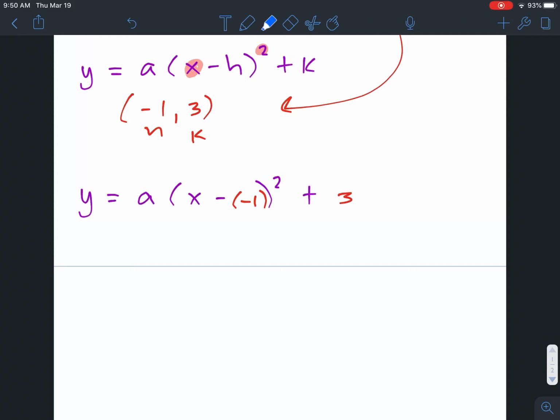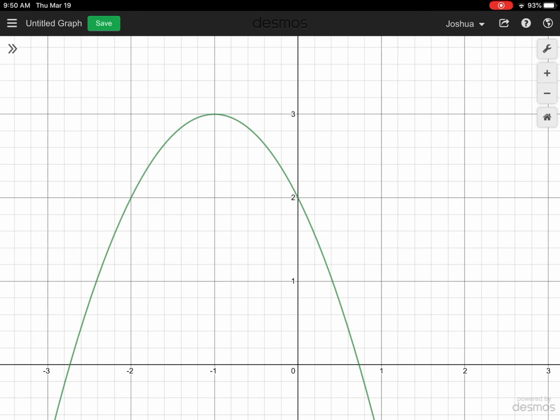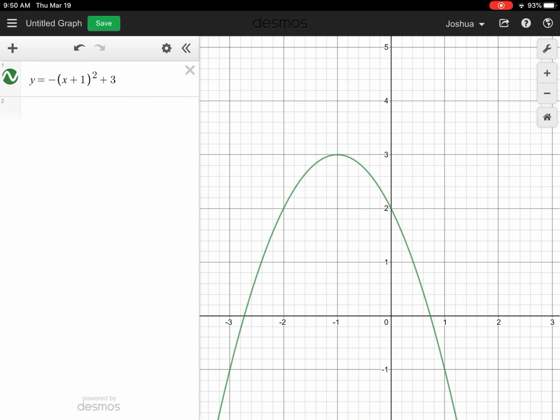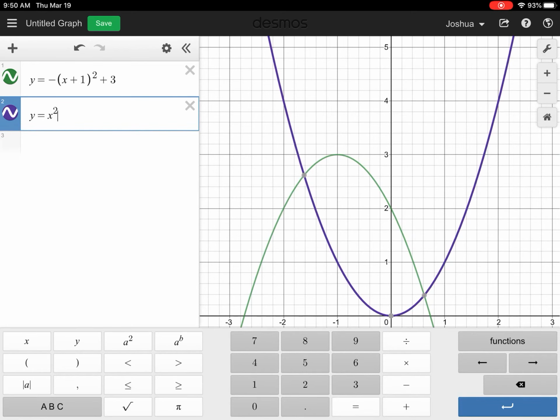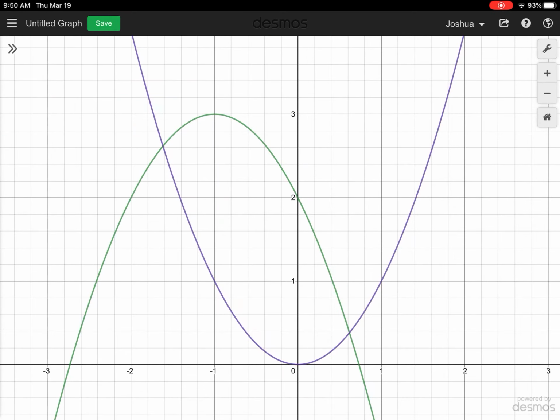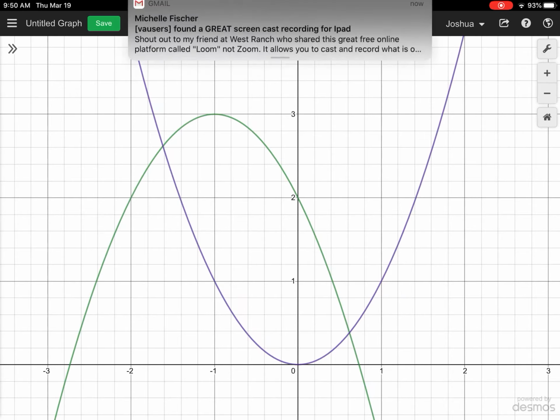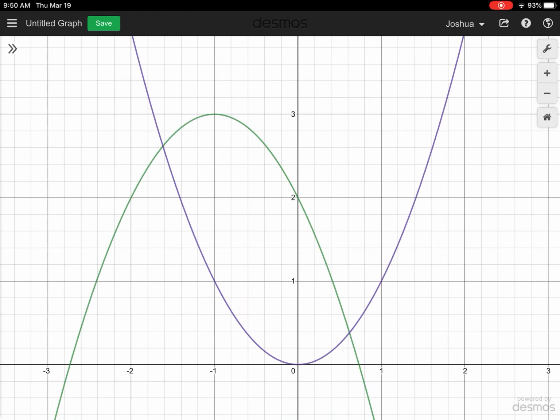Sweet. The last thing that we need to do here is look at our graph and say, all right, well, we know typically a standard parabola, a parent function parabola, you can see the equation right there, by the way, but we'll come back in a second. The parent function of quadratics looks as follows in purple. So obviously the origin got shifted up and to the left, 1 to the left and 3 up, hence why our h, k is negative 1, 3.